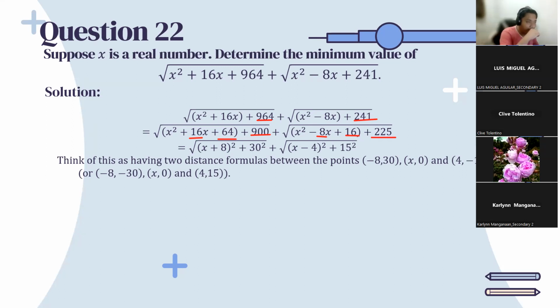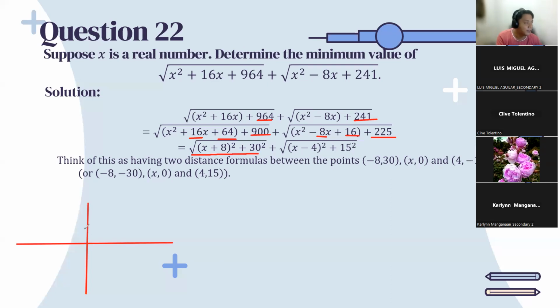Okay, so let me show you guys. If we were to draw this, right? Because if you analyze the radicand part, one of the expressions looks like the distance formula, right? So I can have either of the two.